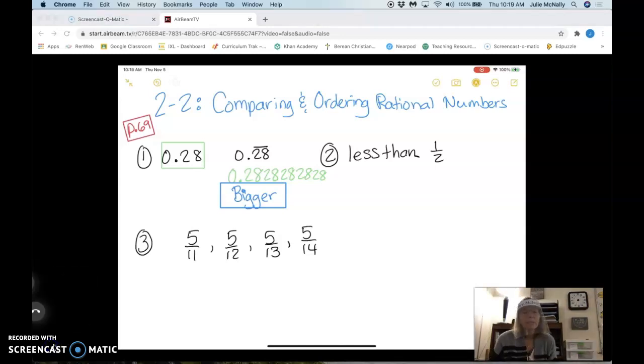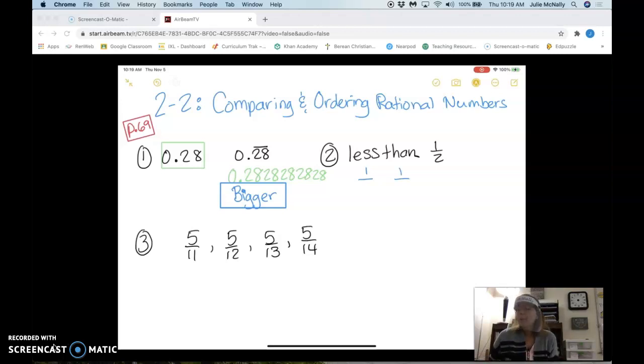Okay, number 2, it says, name 2 fractions that are less than 1/2 and 2 fractions that are greater than 1/2. So now I have to think of fractions less than 1/2 and fractions more than 1/2, okay? So for less than, I'm going to keep a 1 on top because that will ensure that this is going to be smaller than 1/2 if I keep a 1 on top.